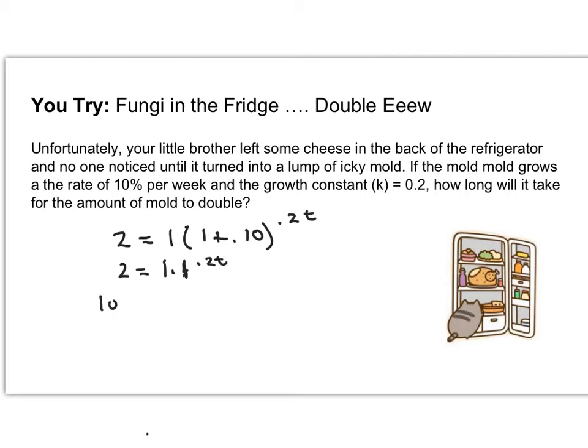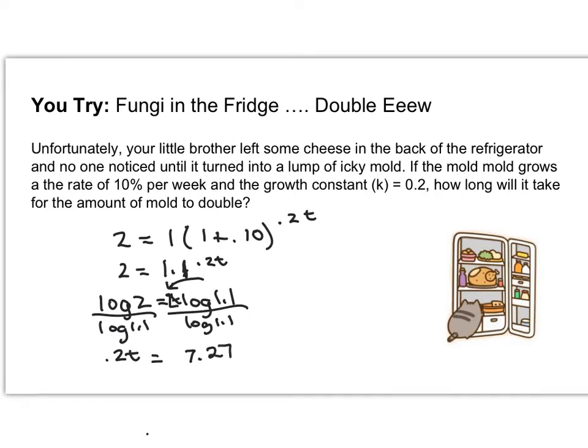I'm going to take the log of both sides. Oops, I forgot to bring the 0.2t down. That goes down there in front. Now I can divide both sides by the log of 1.1. And then I get 0.2t equals 7.27-ish.